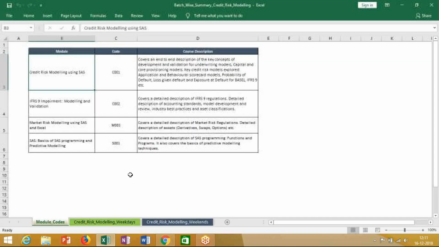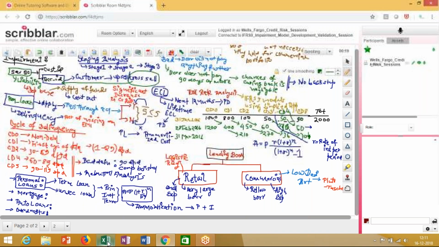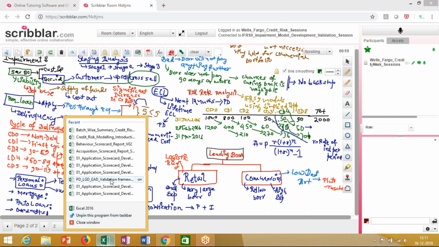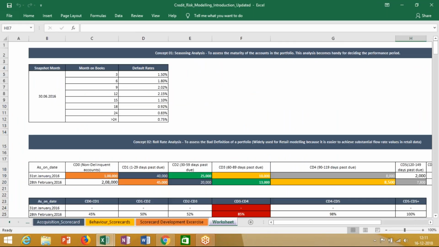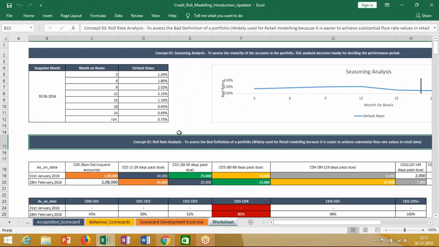Okay, so over here you can see an example of a roll rate analysis.